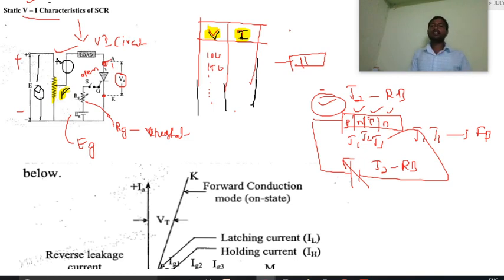In the reverse biased condition, majority carrier current will be absent and only minority carrier current will flow.